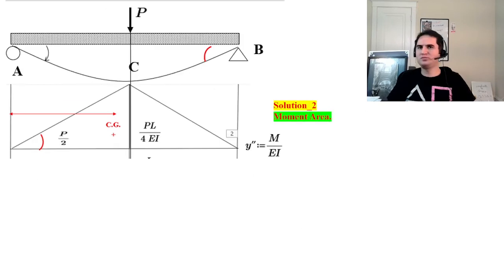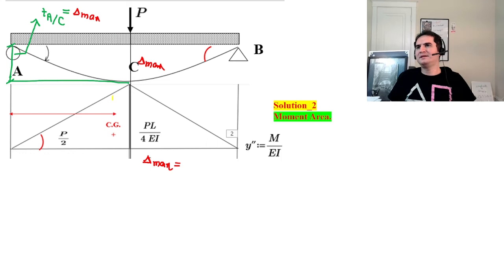So the solution with the moment area method: if you want to calculate delta maximum, if you look at the geometry of the beam, you can easily see this is the tangential deviation of A from a reference line, like a horizontal line of C to A, isn't it? And that's exactly the amount of delta max at the center, isn't it?